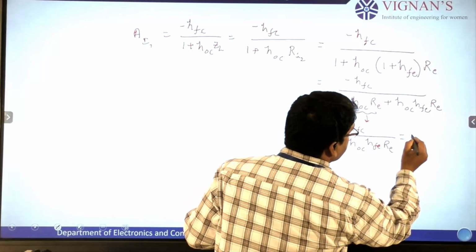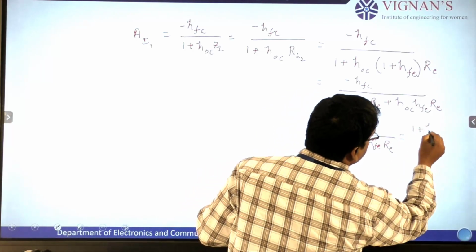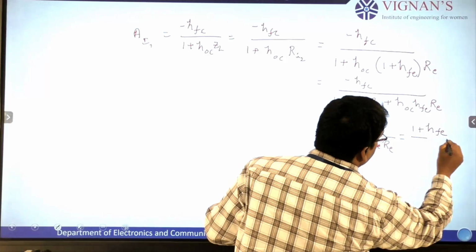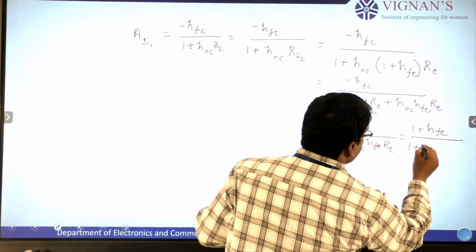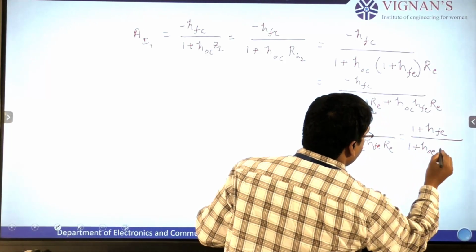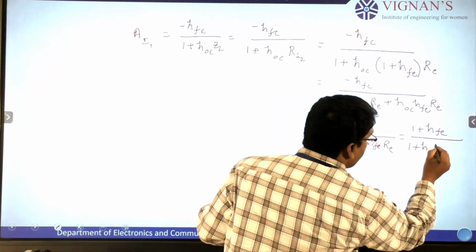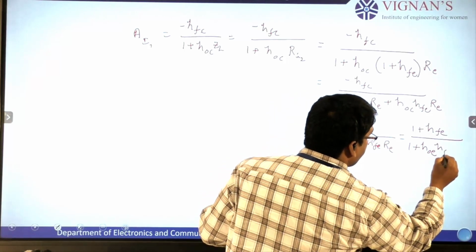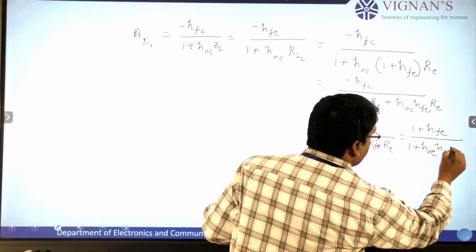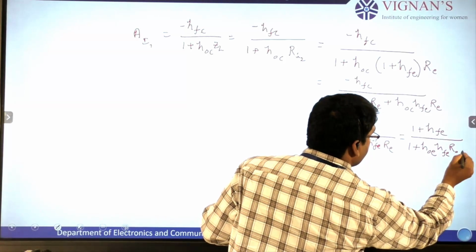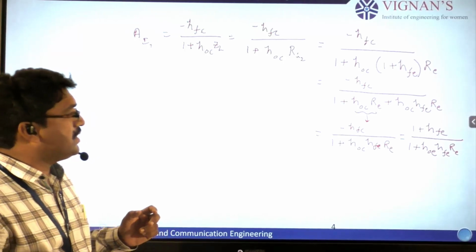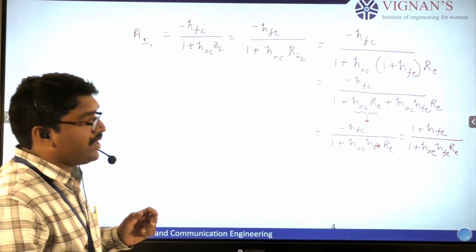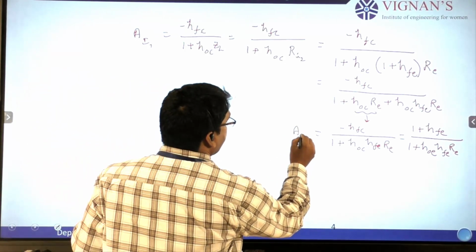And minus hfc is nothing but 1 plus hfe. So 1 plus hfe by 1 plus h0e, because the h0c and h0e values are the same. To have a uniform representation, I wrote h0c like h0e. So 1 plus hfe by 1 plus h0e hfe Re is the current gain for the first stage.